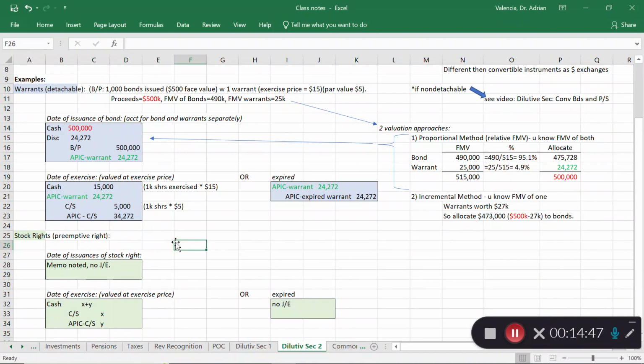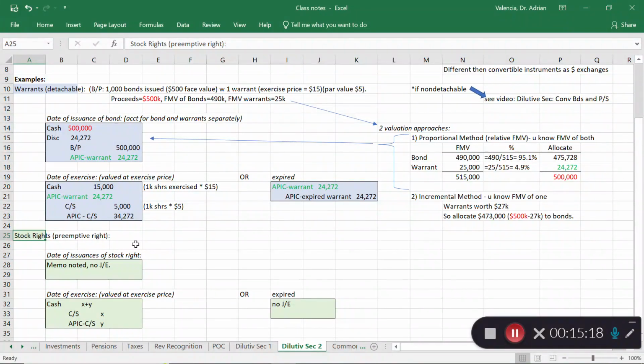All right, and another one, perhaps less obvious, is the idea of stock rights. This is based on the preemptive right that existing stockholders have. So in other words, if you own 10% of a company, and then later on that company issues more shares to raise funds, then you have the preemptive right to purchase enough shares so that you can maintain your 10%.